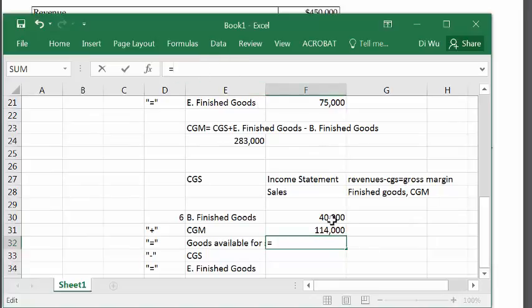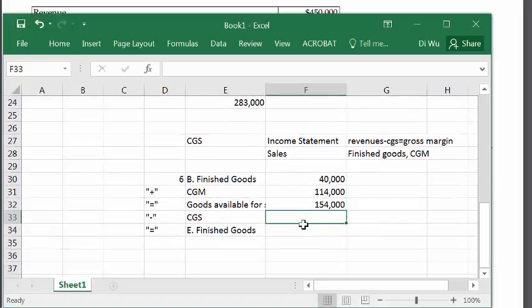Alright, so here let's add these two amounts. So I'm getting 154,000, and for CGS I'm looking for that, but I do know the result. Ending inventory, okay, of finished goods, I'm looking at 45,000.